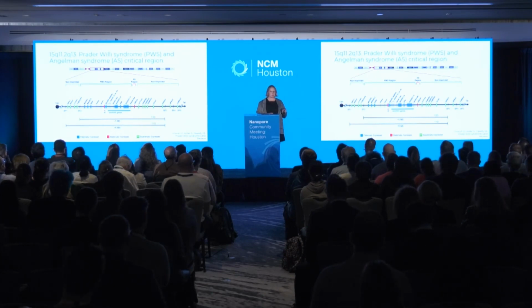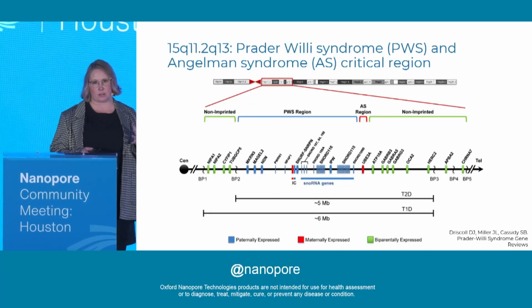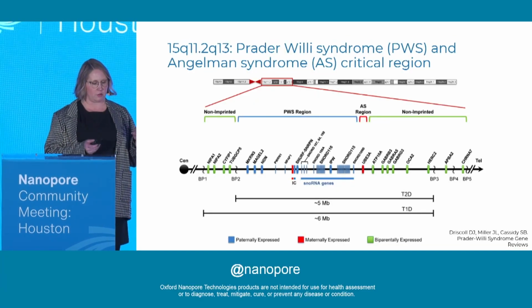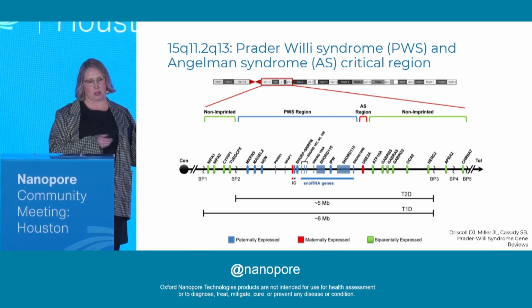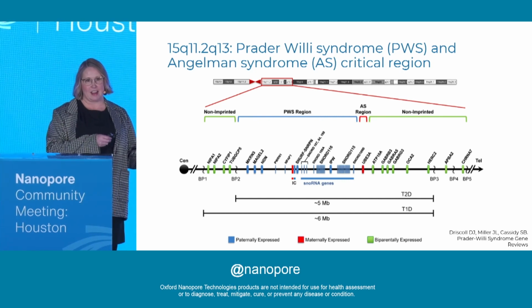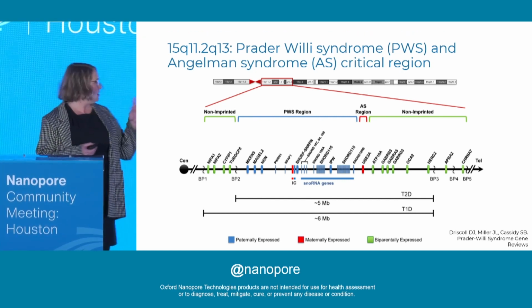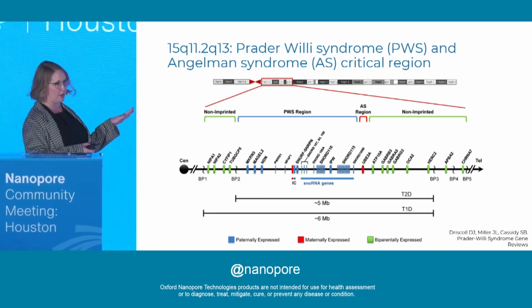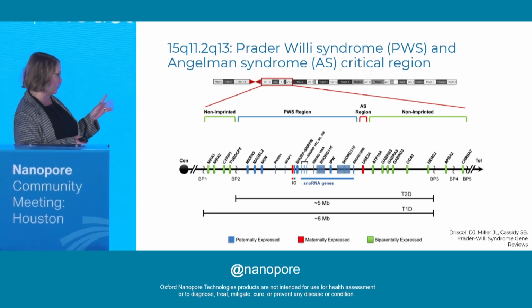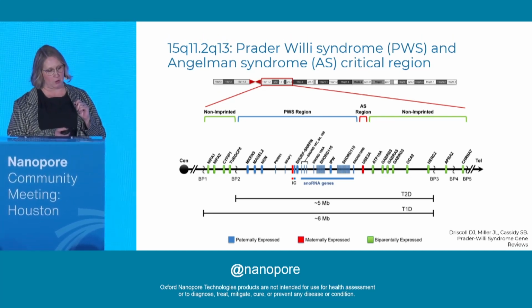So these are two different imprinting disorders that are caused by differences in gene expression. This is a region of the genome where we have different expression of genes from the paternally derived chromosome 15 and the maternally derived chromosome 15. If you can see over here, the genes illustrated in blue are only expressed from the paternal chromosome 15, whereas the genes in red are only expressed from the maternal chromosome 15.